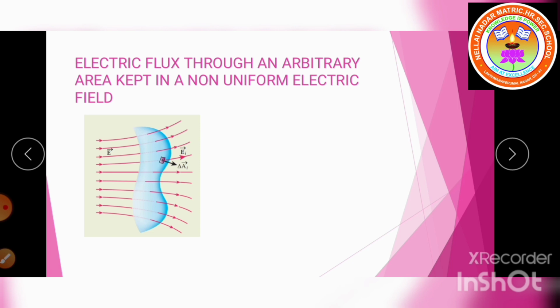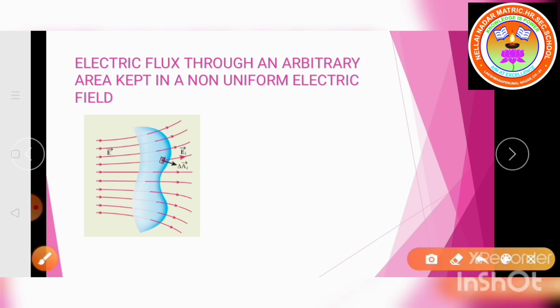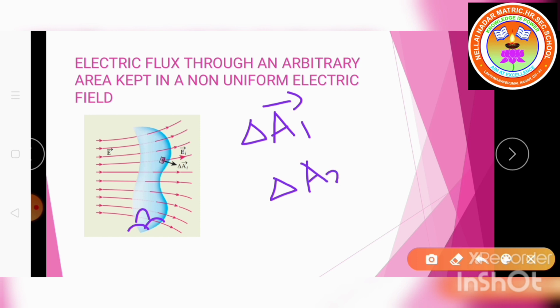For that, the entire object is divided into small segments. The first segment has area del A1 vector, the second one del A2 vector, and like that, the last segment is del An vector, such that each area element is almost flat.